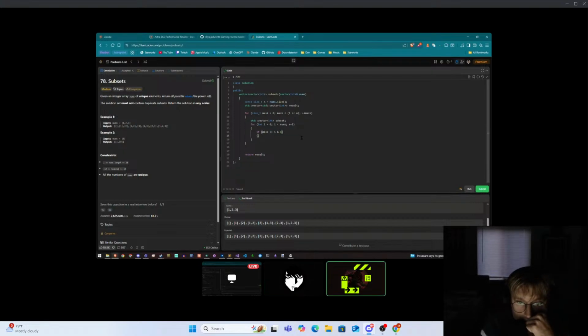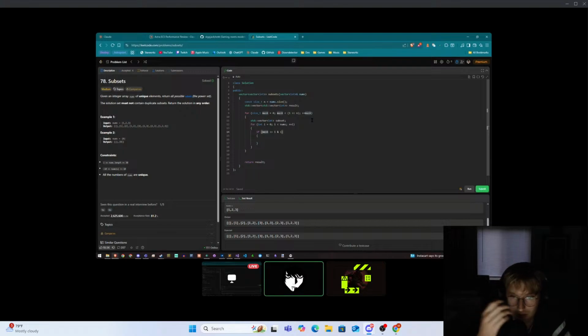So now, we got past that iteration, we added the empty subset. What happens whenever mask is 1 and i is 0, or we'll look at the 0th element? Just run this loop through your head. The first iteration, i is 0 and mask is 1. So we're shifting 1 over 0 times, so it'll stay the same.